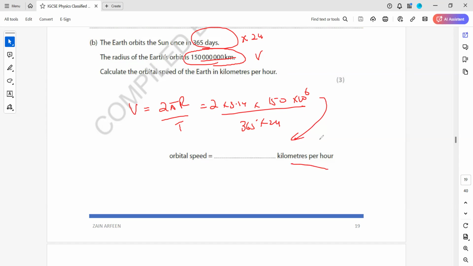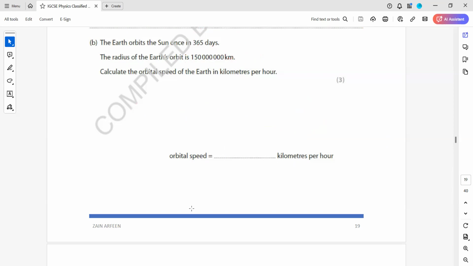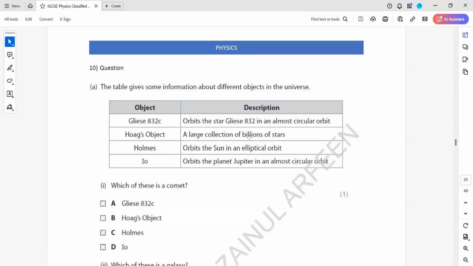Sorry, not hour. So what's the final answer? 10 to the power 5. Yeah, I remember it was 30 kilometers per second. That's the orbital speed, in kilometers per second.